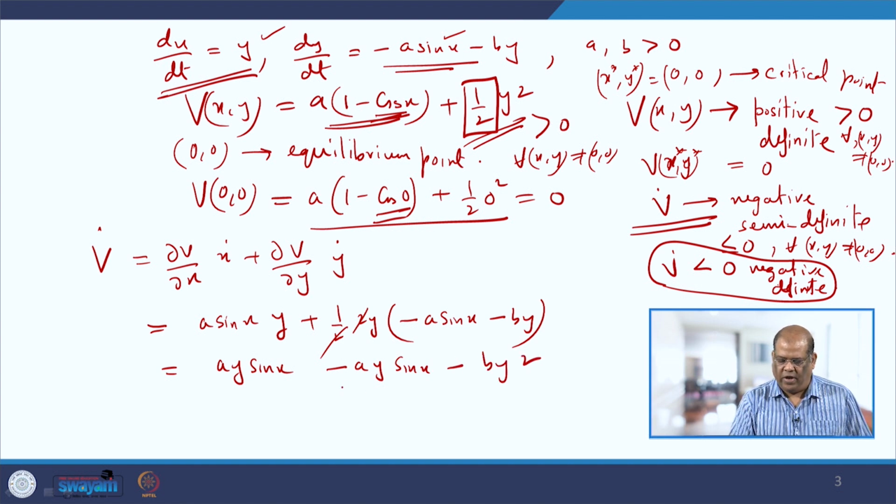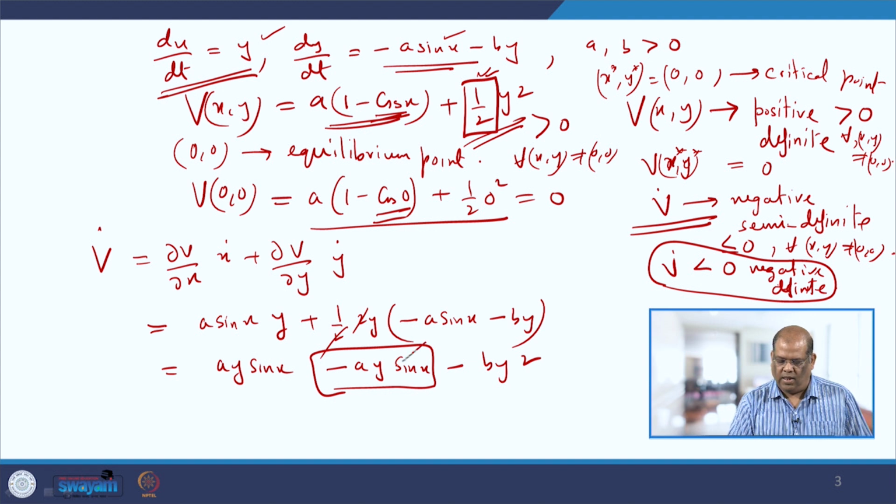So, the coefficient of this particular term becomes minus 1 only if you choose this value to be half. So, if you choose it something else, suppose I keep it only y square, this becomes only 2y. So, minus 2ayx, then I will not be able to prove that this is negative definite.